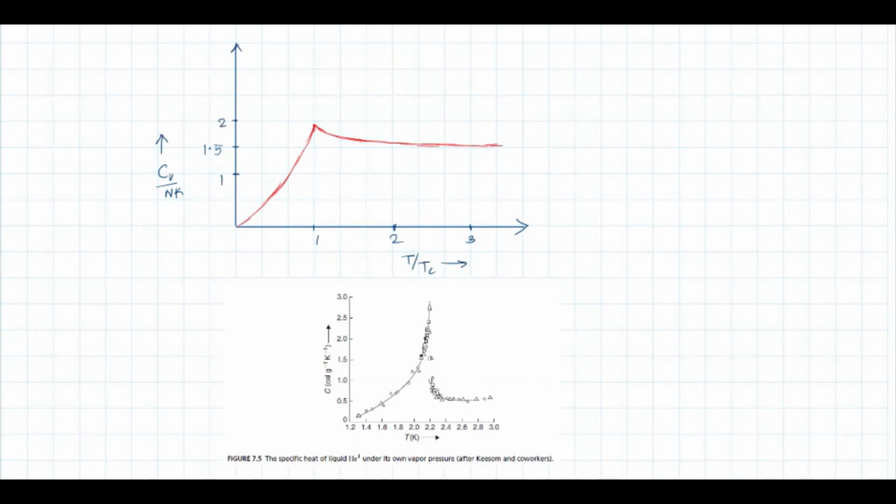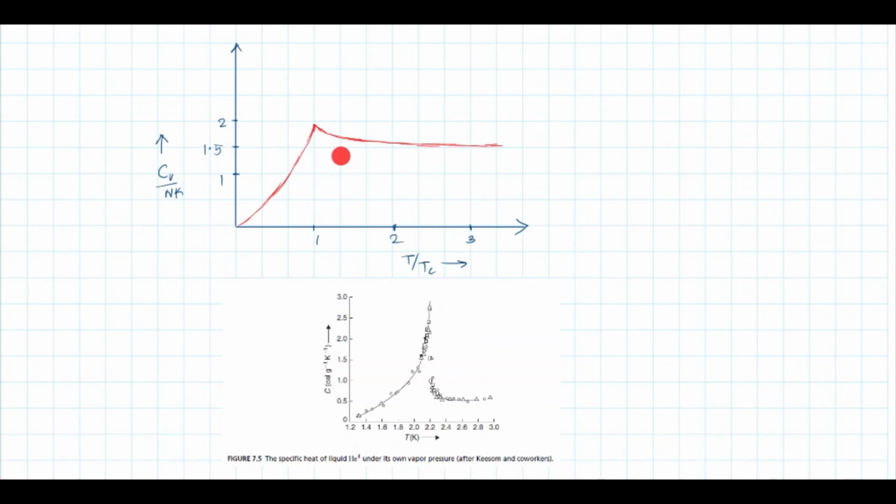You can see the experimental plot of specific heat versus temperature for liquid helium 4. Okay, this is an experimental plot, and the similarity of this plot with this curve prompted F. London to suggest in 1938 that the curious phase transition that occurs in liquid helium at a temperature of around 2.19 K might be a manifestation of Bose-Einstein condensation taking place in the liquid.